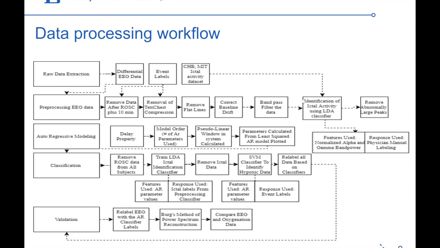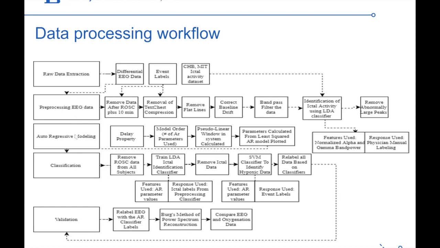That classifier was first tested on an open source human database by MIT, which had already been labeled by physicians, so he could test his classifier, and then we used that classifier on the animal data.